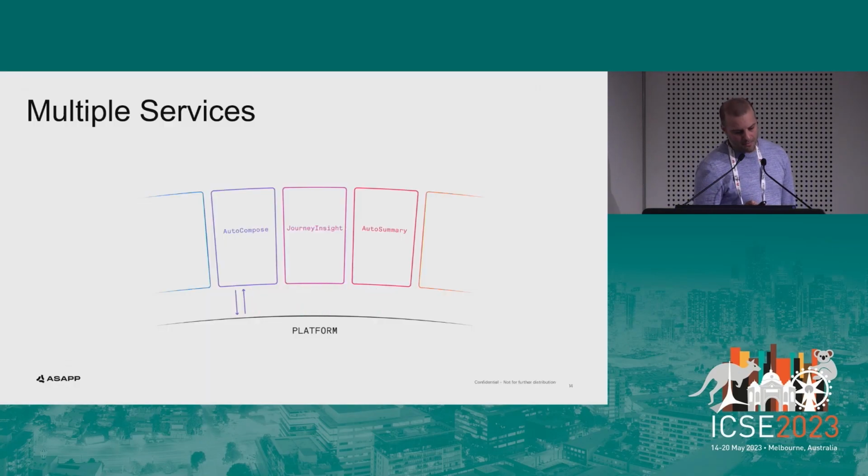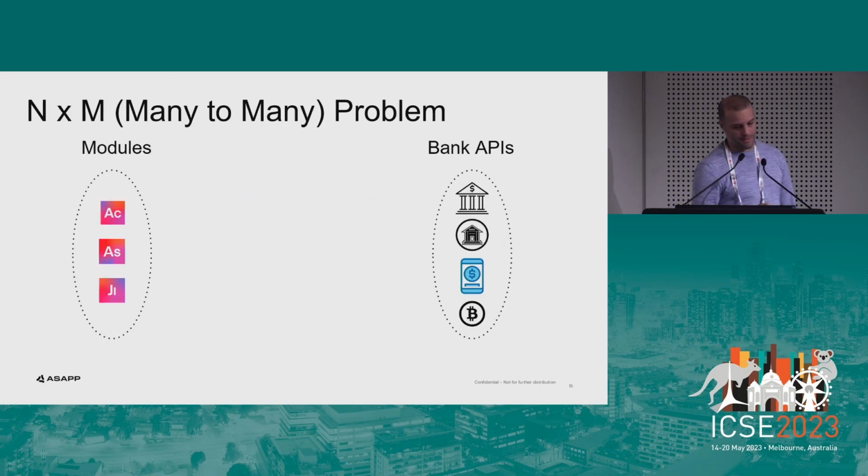In big software platforms like ours, there can be a lot of different services that need to consume data from web APIs. In the context of ASAP, our company, we also have, besides AutoCompose, also AutoSummary. And there are also many internal sub-modules in each of those services that need to consume different data.